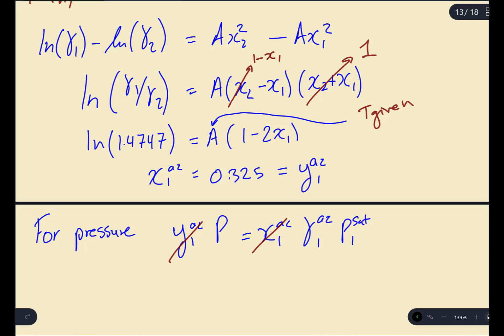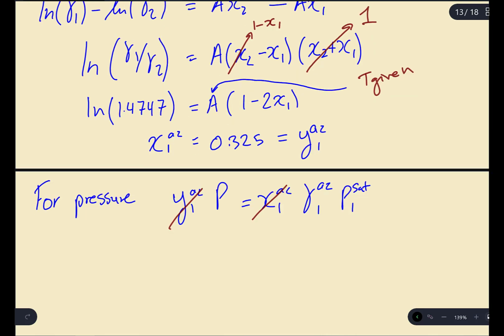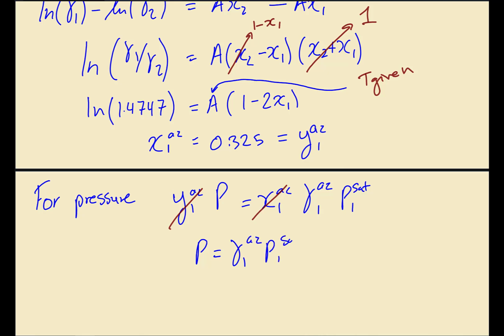So then the pressure is equal to gamma 1 isotrope p1 sat. Gamma 1 is a function of temperature and the composition. So we have the composition, x2.